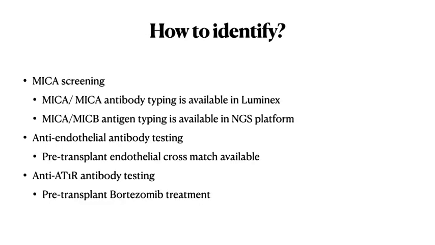So how to identify: microscreening is available, and once you run a microscreening which comes positive, then you have to do typing of the donor antigen and recipient typing for antibody, and anti-endothelin antibody screening also has to be done, and anti-AT1 receptor antibody screening also has to be done.